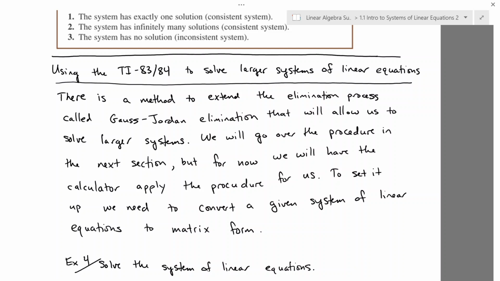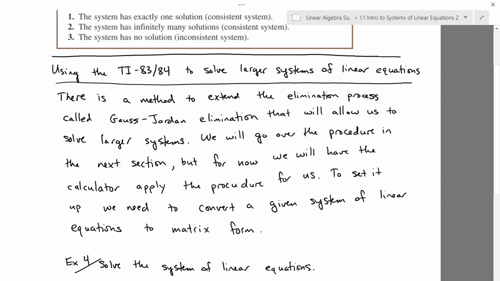You can see the algebra involved can become more lengthy and complicated. So there is a method of extending the elimination process for larger systems, called Gauss-Jordan elimination, which we'll go over in the next section.